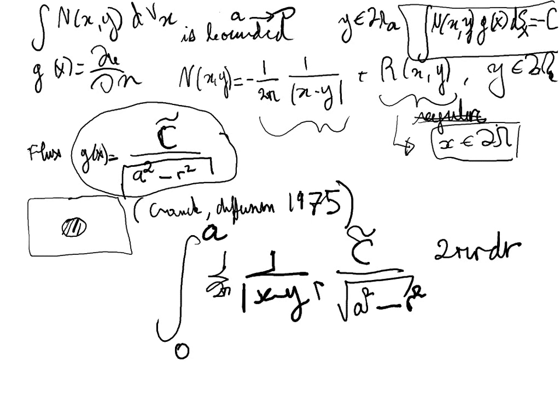Here we assume that the position of y is the origin of the disk, so y equals 0, and the modulus of x equals r.